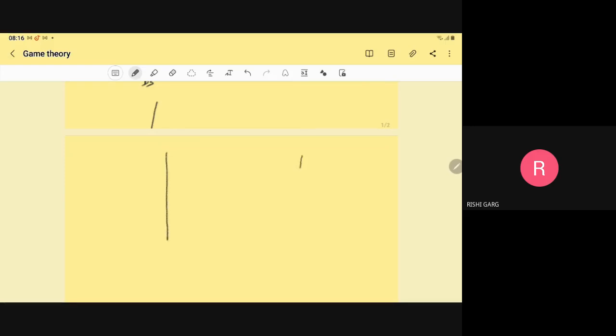Here we draw the graph between x1 and the value of the game. So here we have the axis of x1. x1 is a probability, so it always lies between 0 and 1.